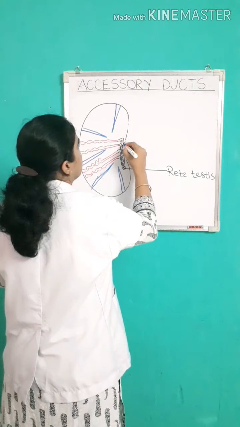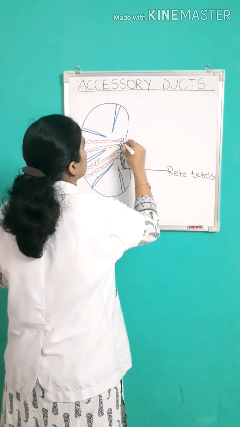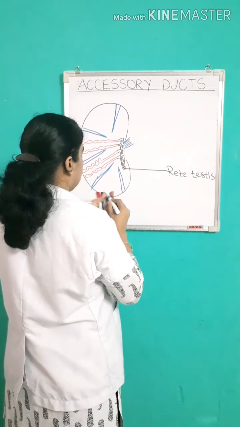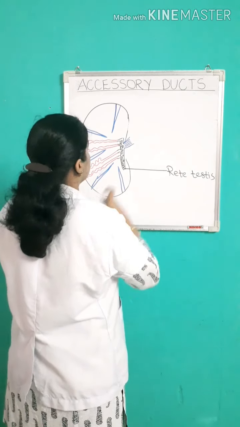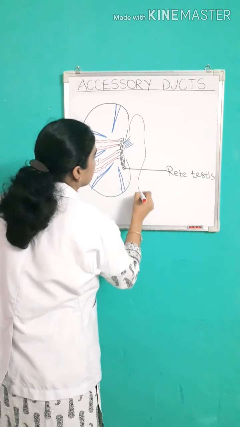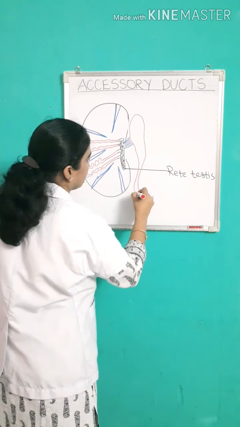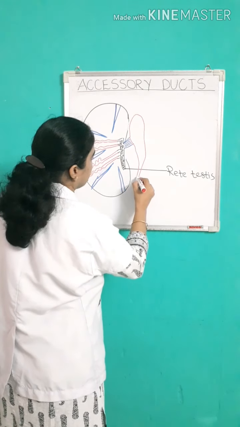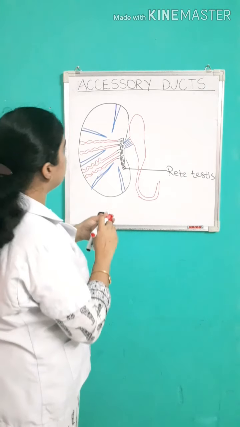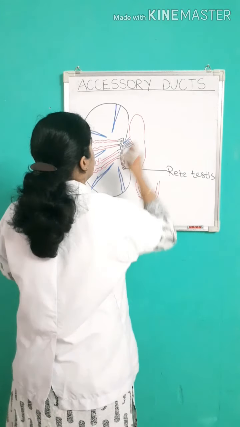Now we can see this rete testis opens into several tubular structures, and that open into another duct. The structure is a little bit wide over here.